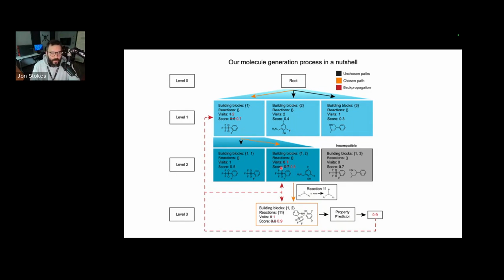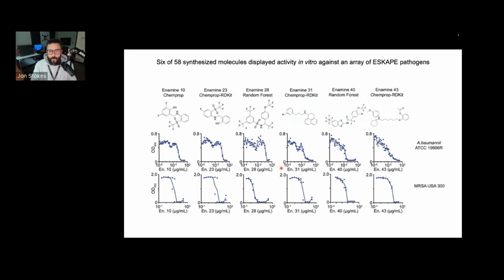We did this process 20,000 times, and we were able to synthesize 58 molecules, which we prioritized for wet lab testing. And of the 58 molecules that we synthesized and brought into the lab for testing, 6 of them were bioactive when we tested them against Acinetobacter, MRSA, as well as other escape pathogens.